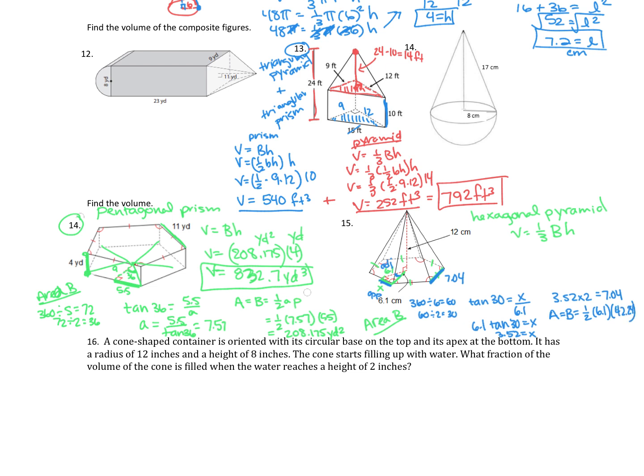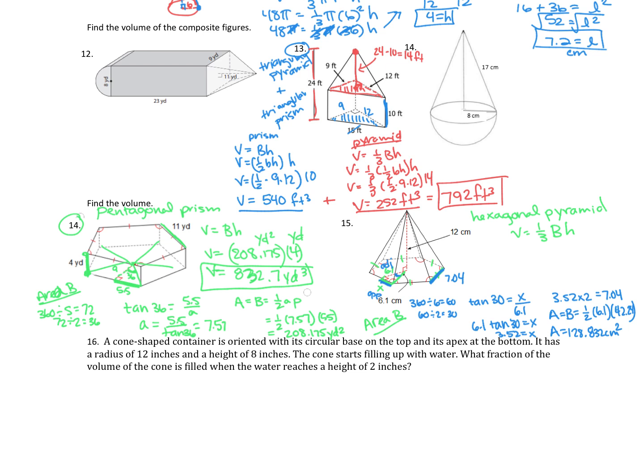It's 1/2 times 6.1 times that 42.24, and my base area is 128.832 centimeters squared. Of course, you can round that differently. I'm just matching what I wrote on the answer key.